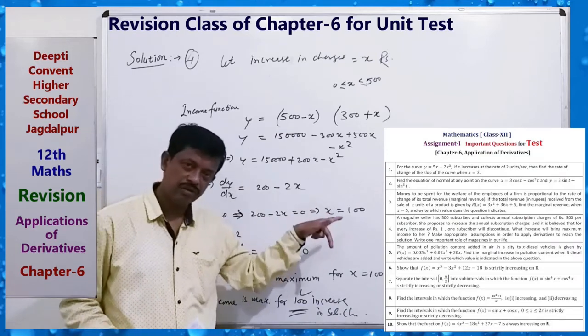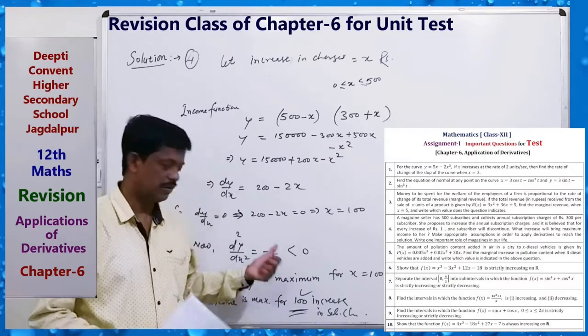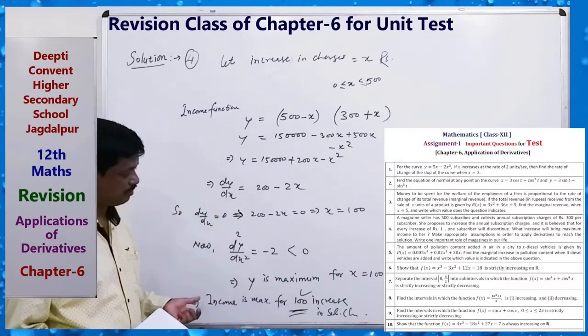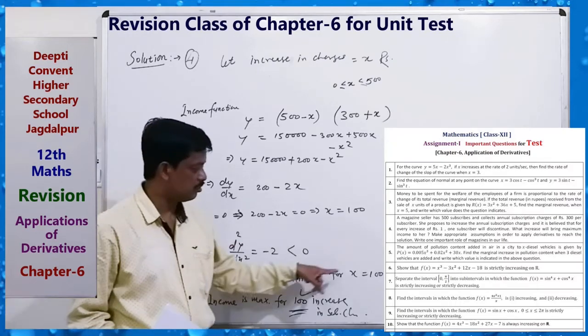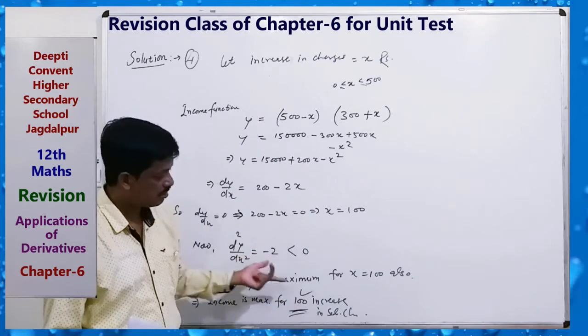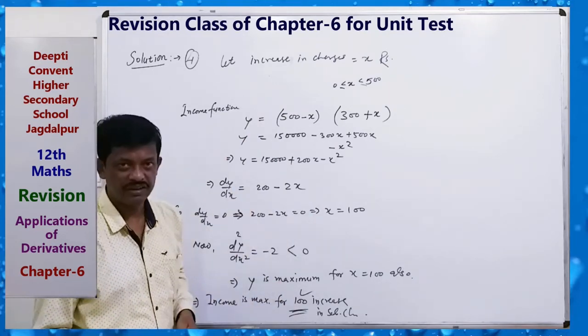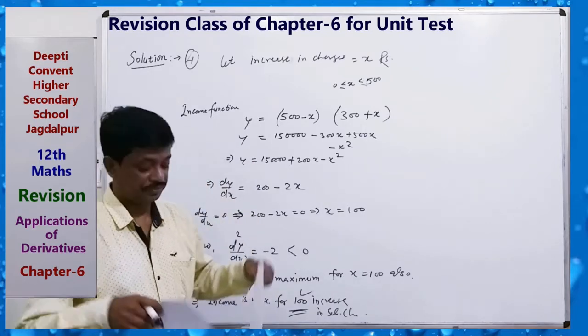For that value, find the sign of the second derivative. If negative, then maximum; if positive, then minimum. So here negative, so income is maximum for x equal to 100, which means the subscription charge increase should be 100. Clear?